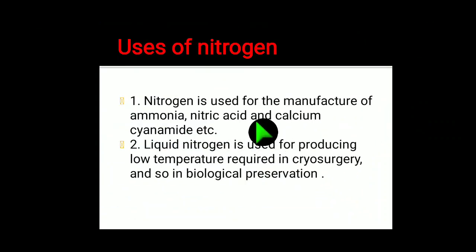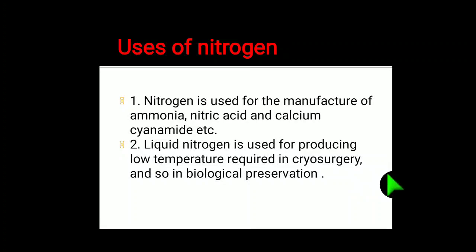Now we see the uses of nitrogen. Nitrogen is used for the manufacture of ammonia, nitric acid, and calcium cyanamide. It is also used for producing the low temperature required in cryosurgery. Cryosurgery is a type of surgery that involves the use of extreme cold to destroy abnormal tissues such as tumors.